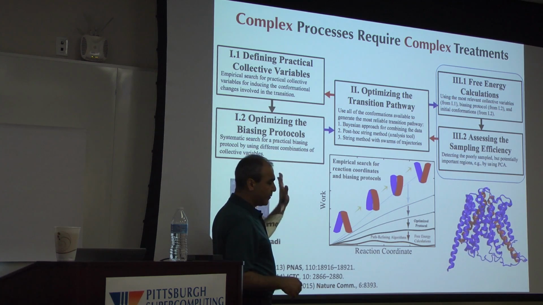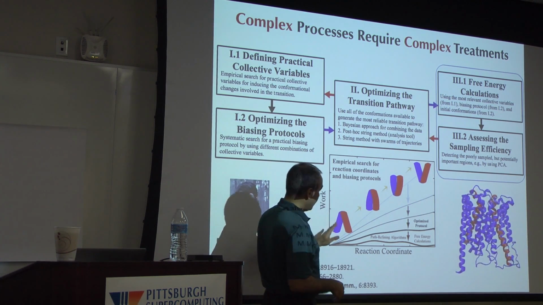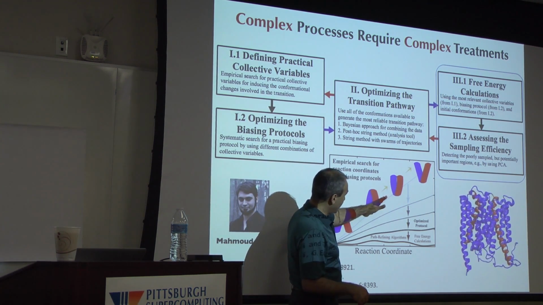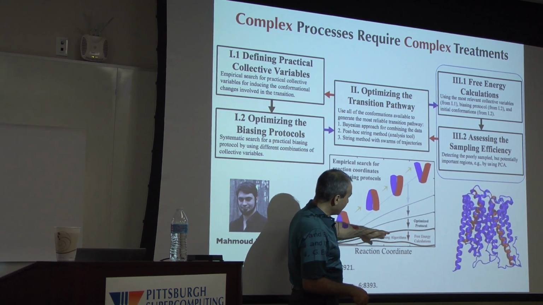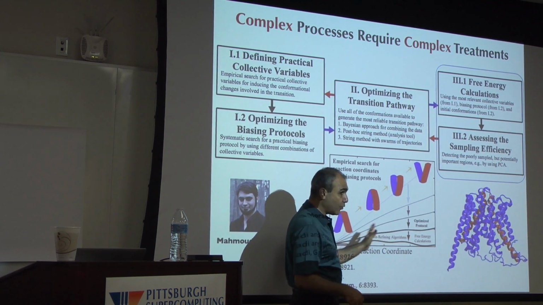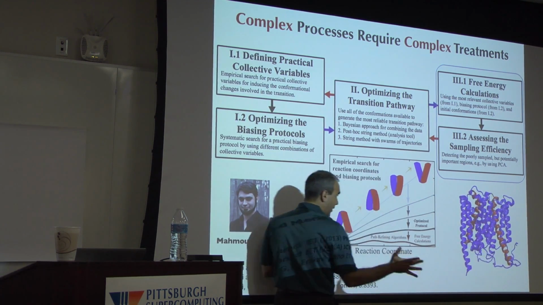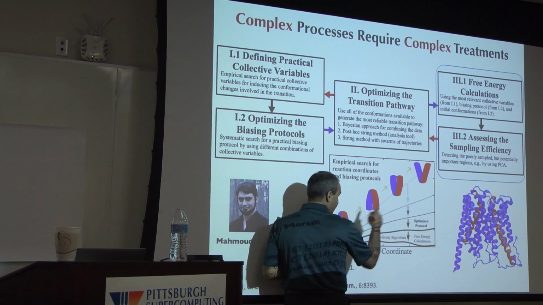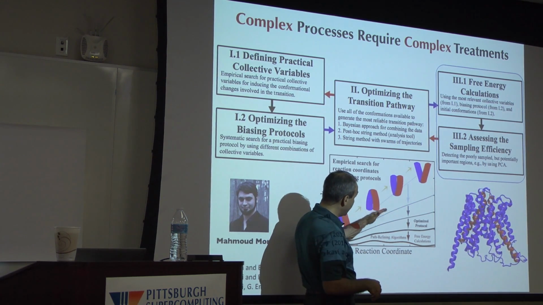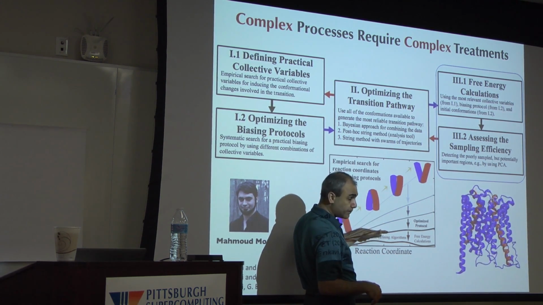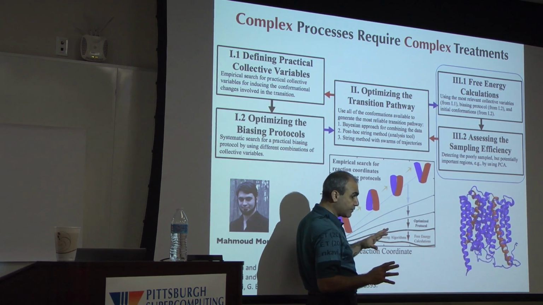You get all the slides in PDF later. But by playing with the protocol and optimizing it using a lot of quick simulations, let's say this whole process might take a millisecond. I can't do that, but I can do a lot of 10 nanosecond simulations, trying different protocols, and then see which one takes less work.